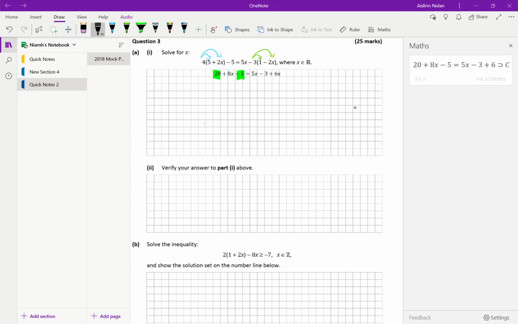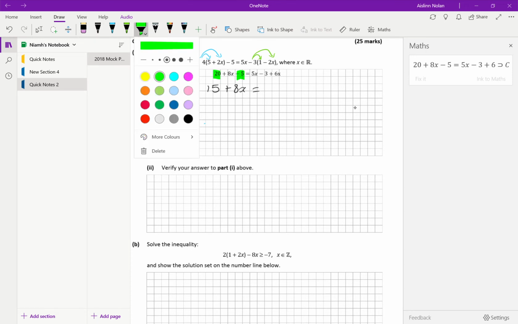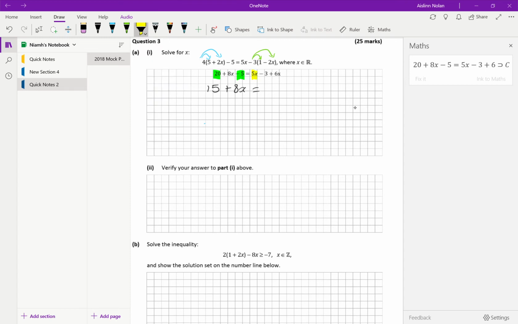So 20 minus 5 is 15. And we have this 8x. And on the other side, we have a 5x and we have a 6x. So that leaves us with 11x and then our minus 3.